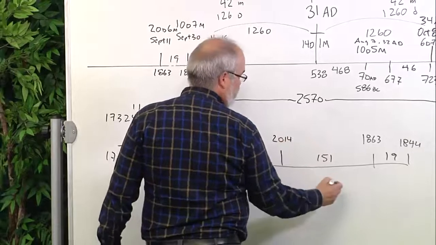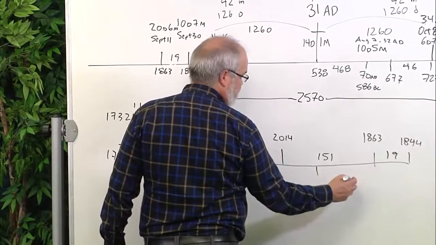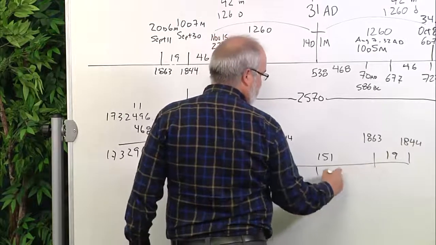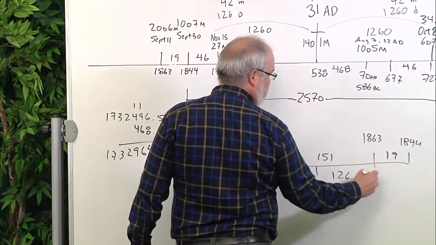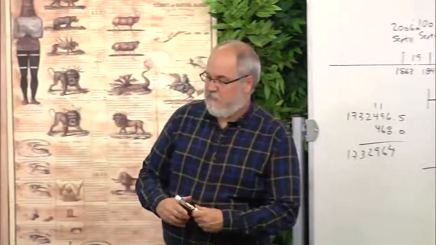Now, I could also go to 1989. So let's just do that here as an exercise. If I was going to add the 126 shekels from 1863, we can find out what date we could produce. A person could count it out on that calendar, but let's just do it this way.